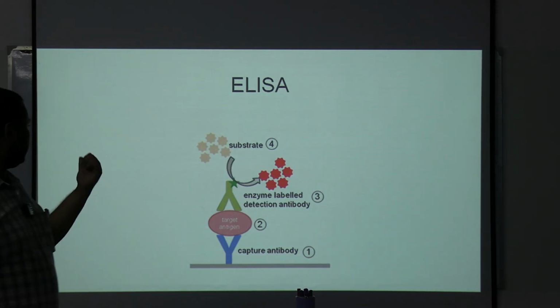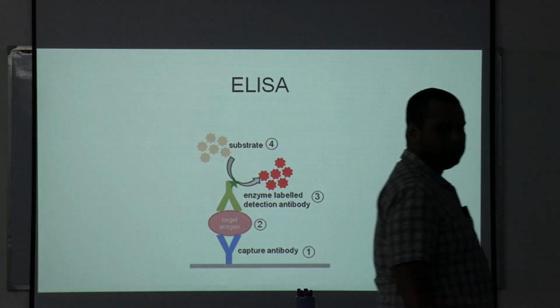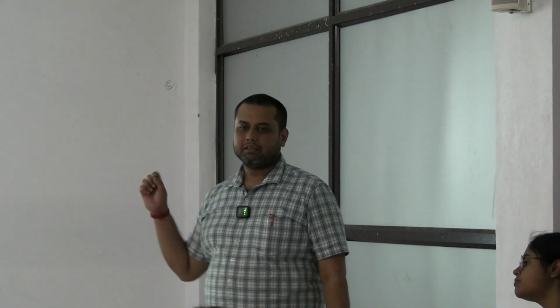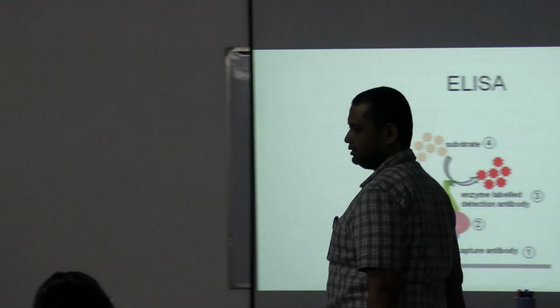Then another antibody which is labeled with something, maybe an enzyme or some radiological substance, is added. So when they bind together, when a substrate is added, that leads to change in color or change in radioactivity, that is being measured either by colorimeter or by radioactive measurement, Geiger Müller counter, whatever it may be.